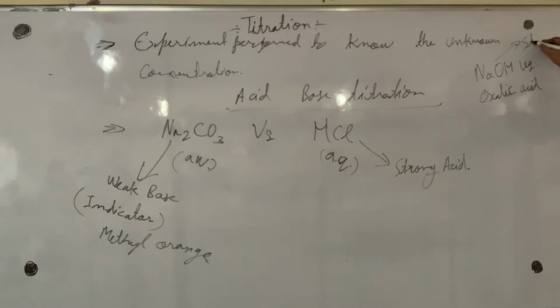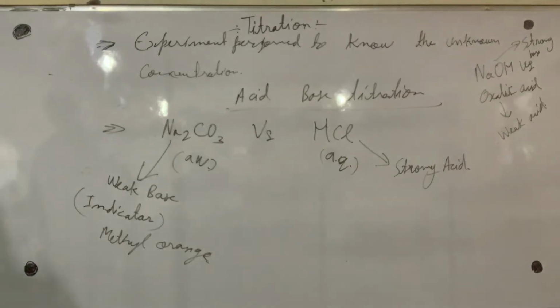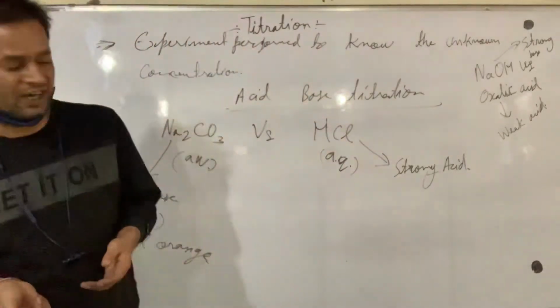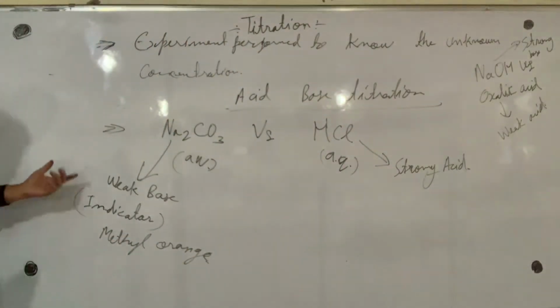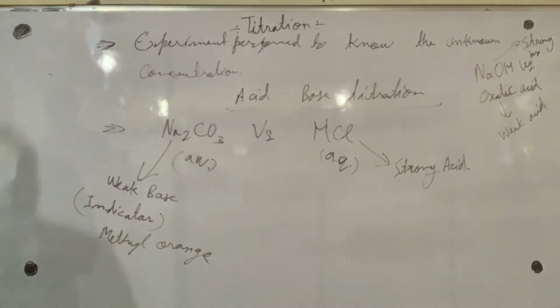NaOH is a strong base and oxalic acid is a weak acid. So again we have a weak acid here. In case of weak acid, the indicator used is phenolphthalein. You will know when we do that. For weak base, methyl orange is the indicator. For weak acid, phenolphthalein is the indicator. Okay. So note down this much.